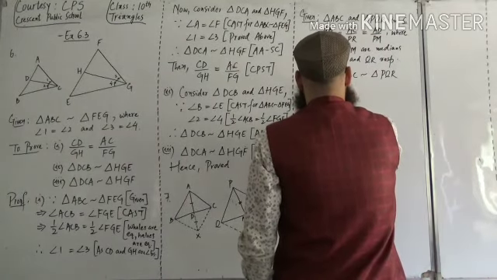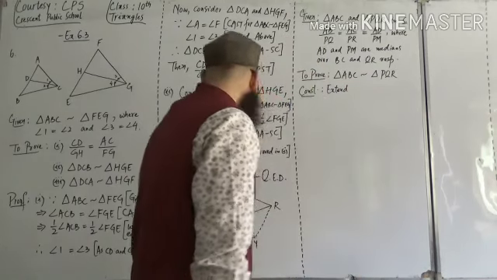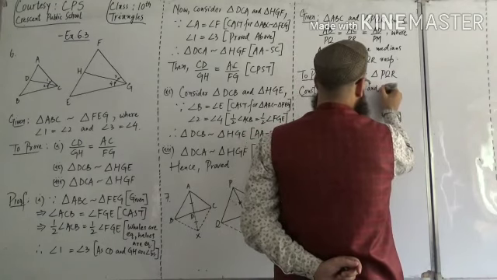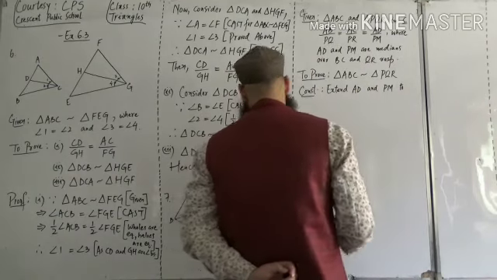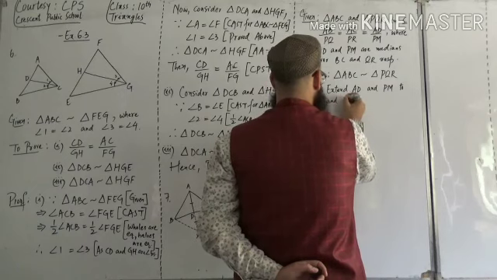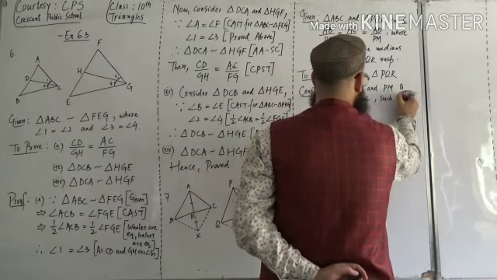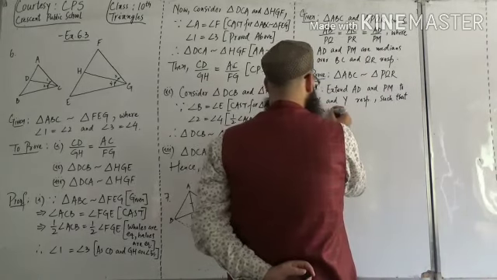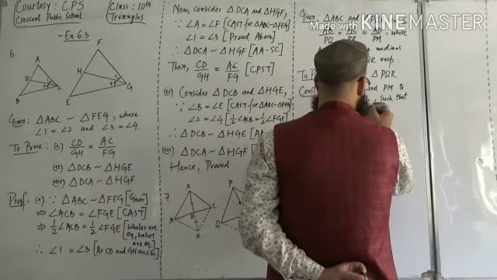So I'll write: extend AD and PM to X and Y respectively, such that AD is equal to DX and PM is equal to MY.